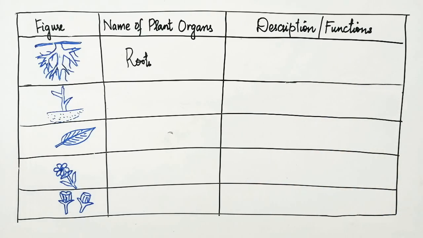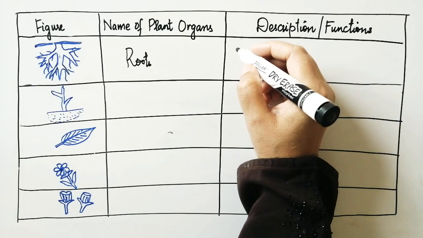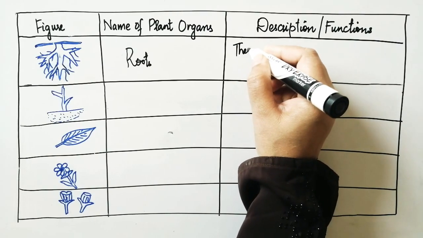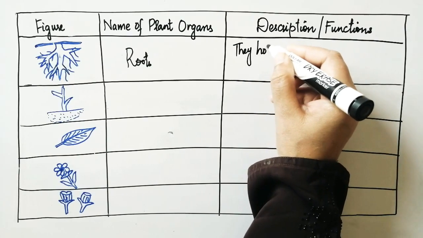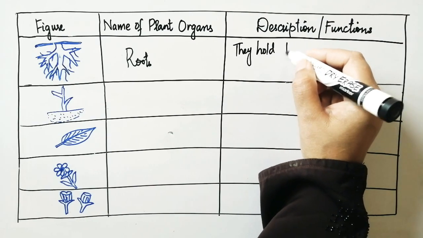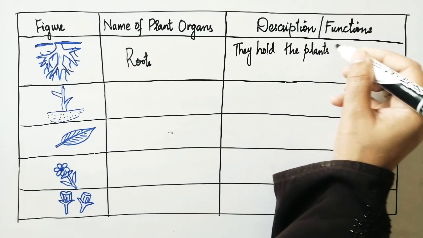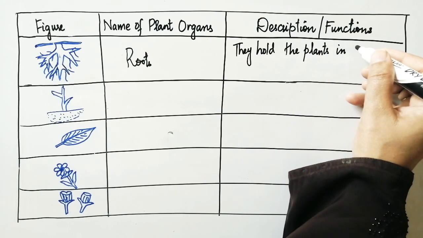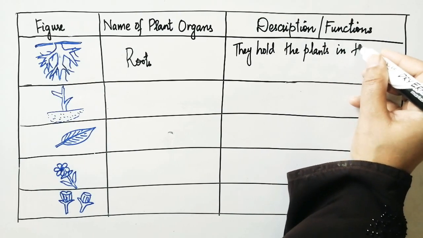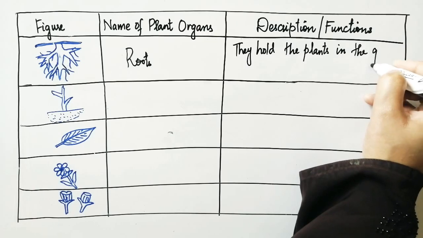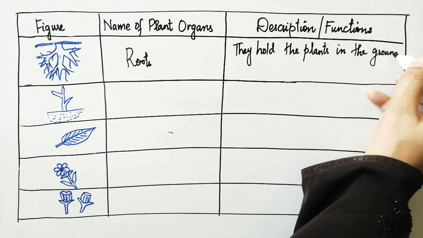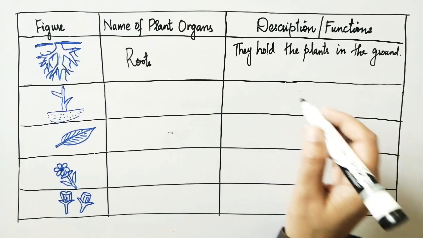For example, you can write the first point related to the root. They hold the plants in the ground or in the soil. You can also write they hold the plant, they fix the plant in the ground.